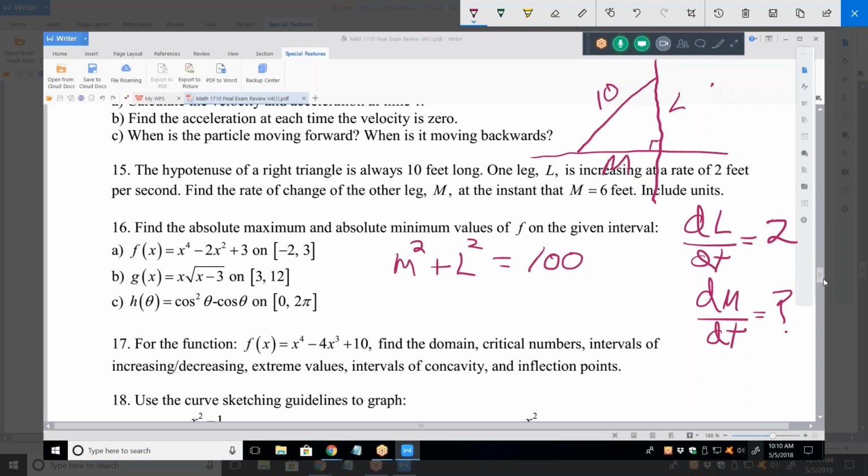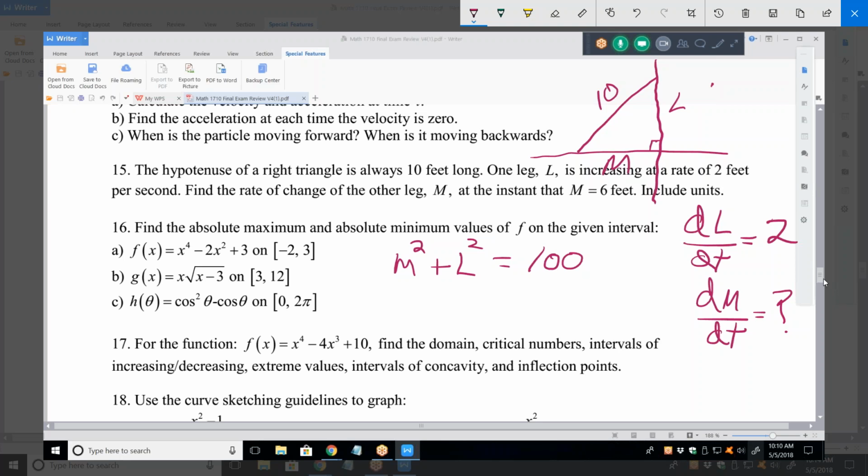Now, almost always the next thing you do is implicitly differentiate this master equation with respect to time. What do you get?